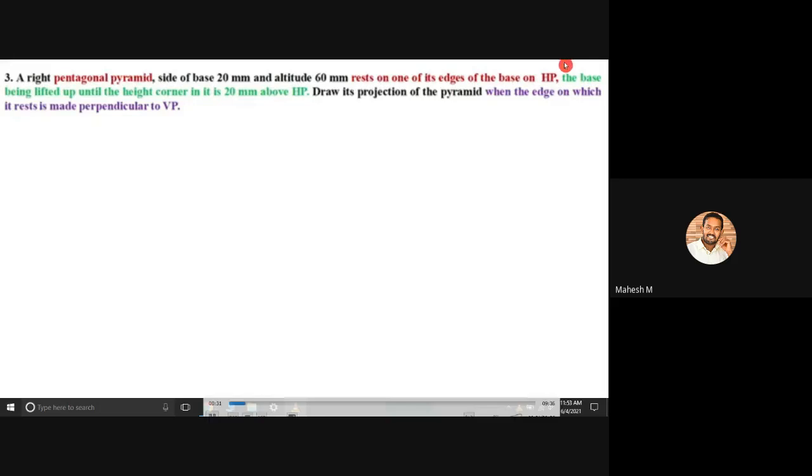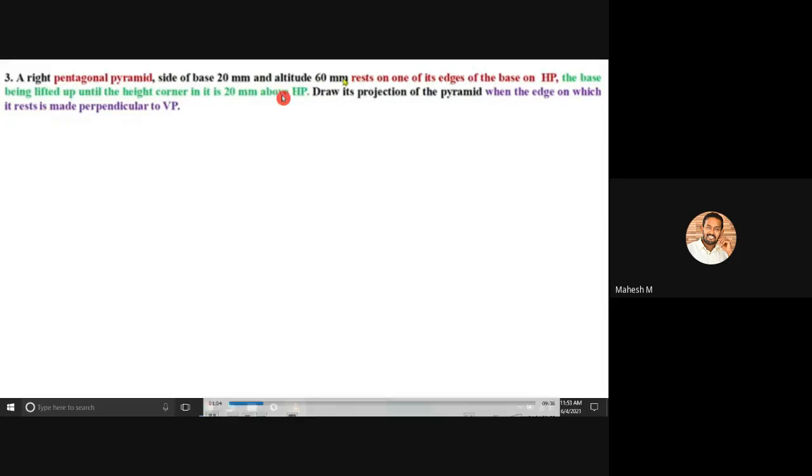Okay, so the base being lifted up until the height corner in its 20 mm above HP. So draw the projection of the pyramid when the edge on which it rests is made perpendicular to VP.